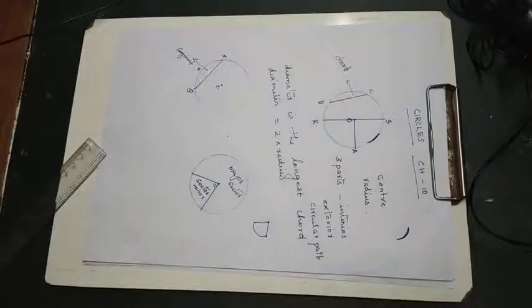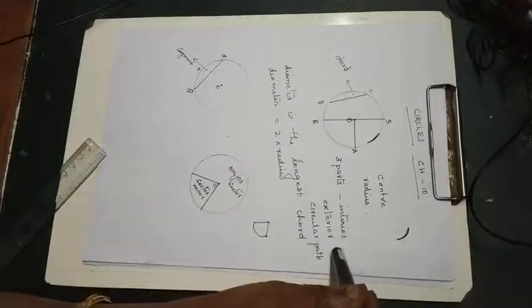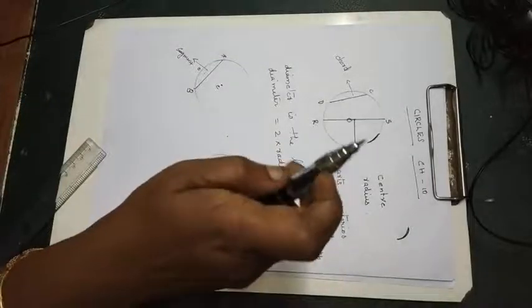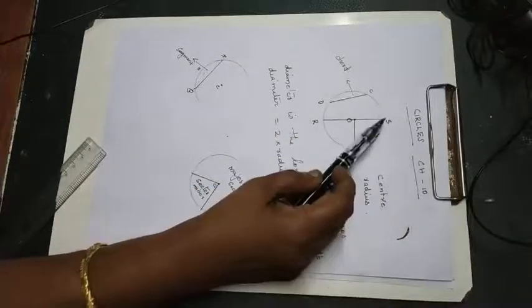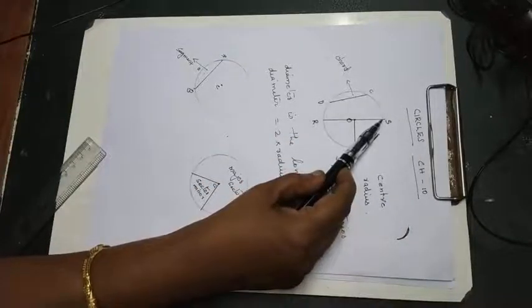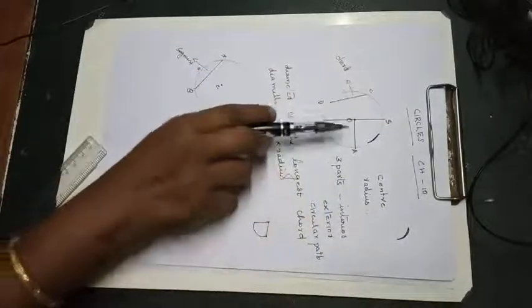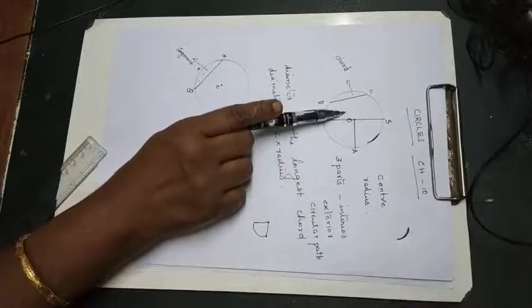Then we have learned that a circle is a planar figure, and the circle divides the plane into three parts: interior, exterior and circular path. When you take a point S, it lies on the circular path. Then center O lies in the interior.